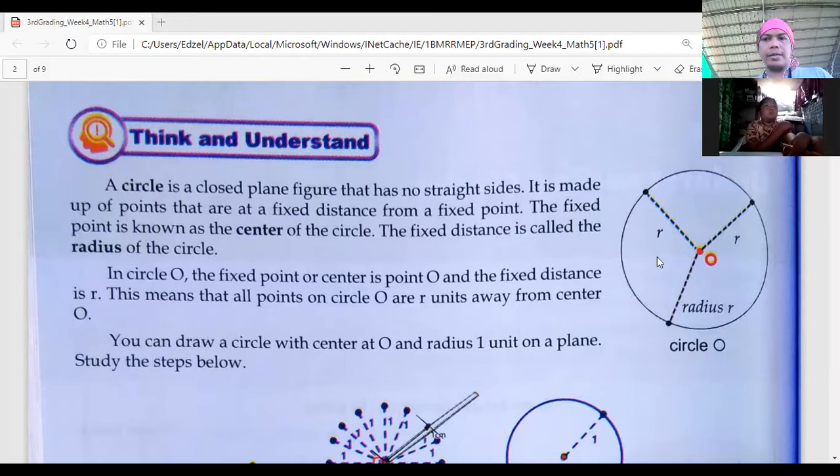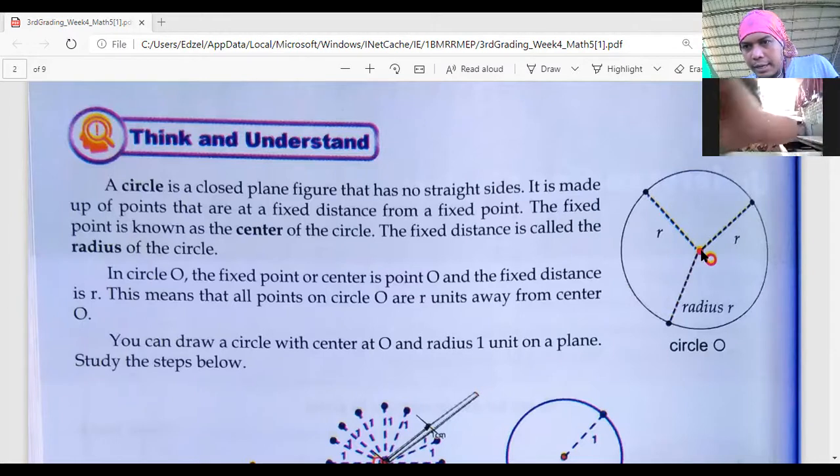And the distance from this center to the edge is the radius. That's why we name it R, radius. It is a line or segment from the center to any edge of the circle. The name of that is radius.